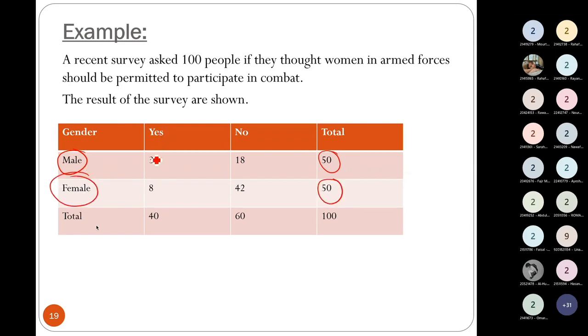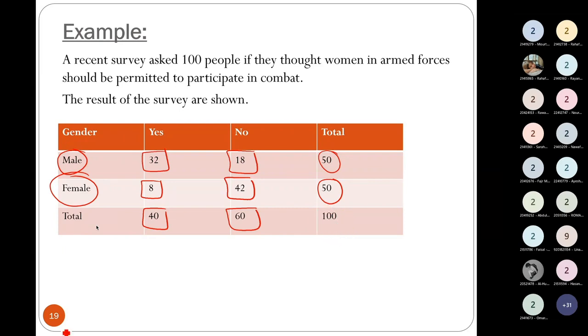Male answered yes 32, no 18. Female answered yes 8, no 42. The total of all yes equals 40, all no equals 60. All students equal 100.